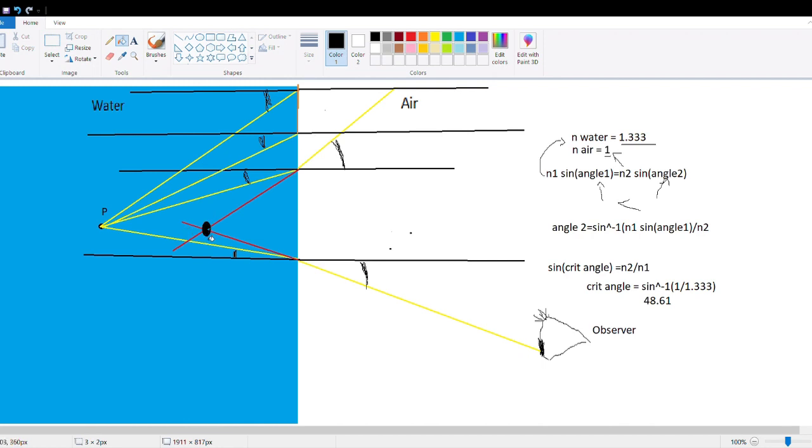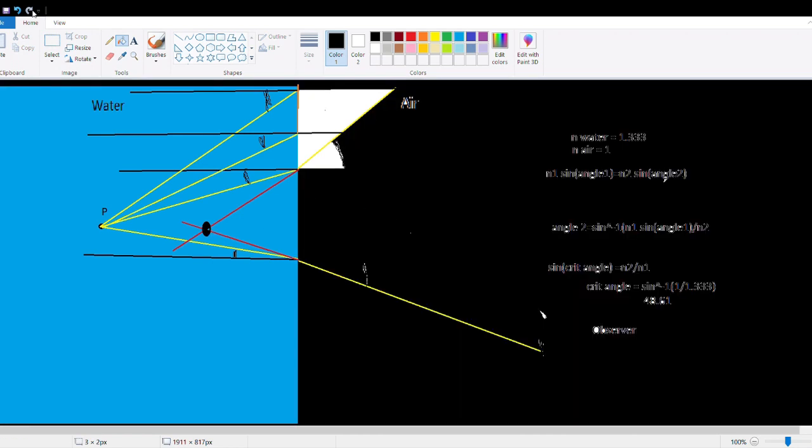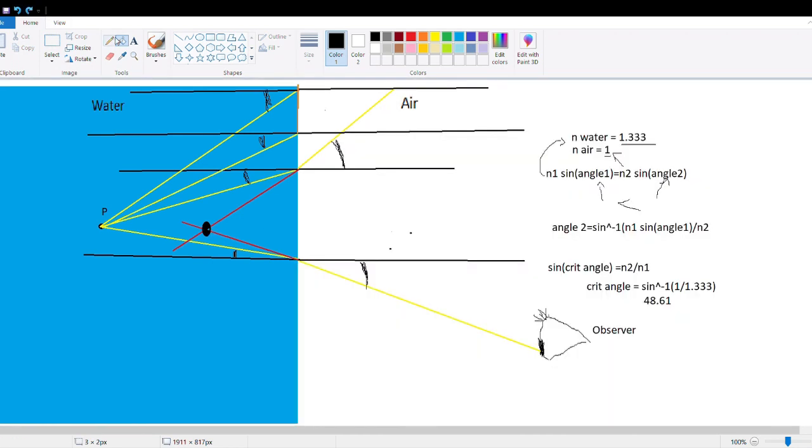Now we can check it by doing another thing. For example, we know that there's a ray coming straight out of the object and goes perpendicular to the surface of the water like this. And this ray has an angle of 0 with the normal line.